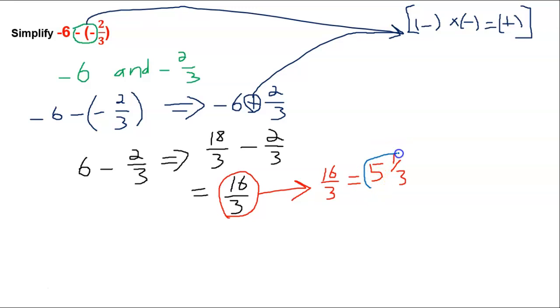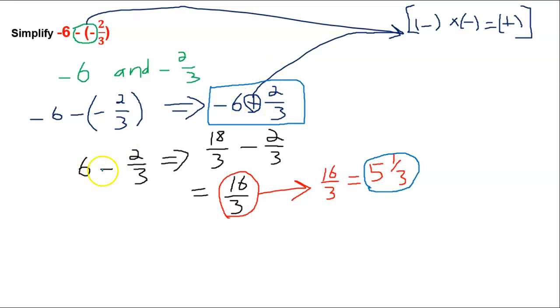Now this 5 and 1 over 3, is that the answer? Well, let's see. We have to come back up here, because that's what we considered before doing this. We had negative 6 plus 2/3, and because the signs were different, we had to subtract and keep the sign of the larger number.